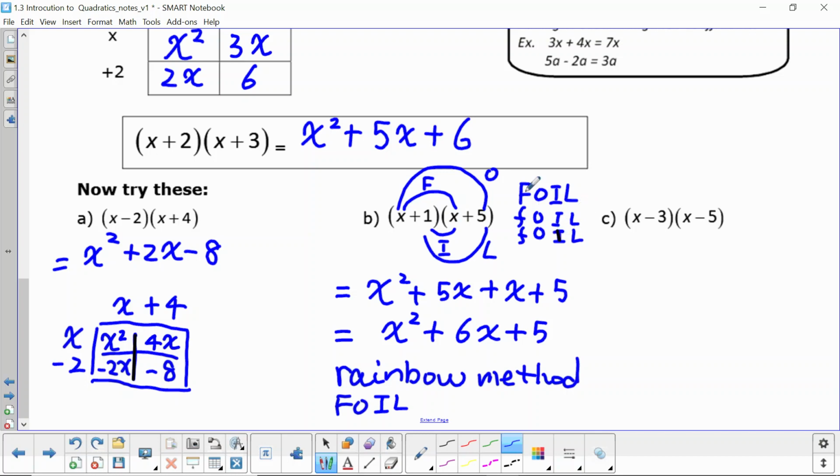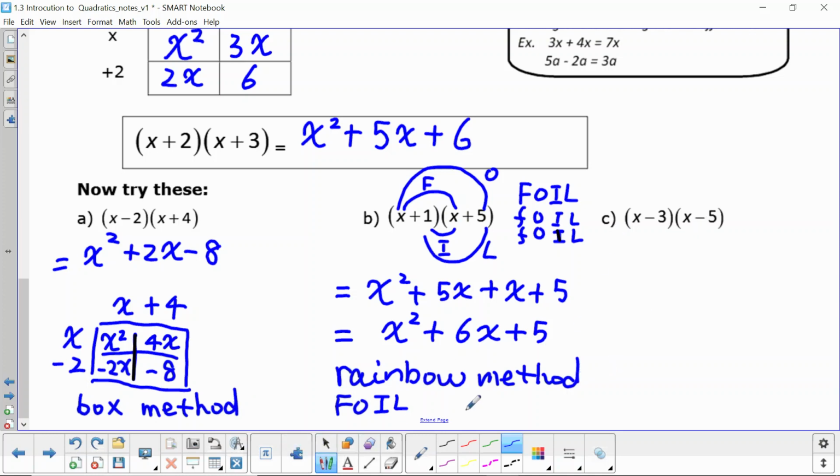Okay, so we'll double check this later for the FOIL. Then for the next one, I will use what we call the area model or box method.